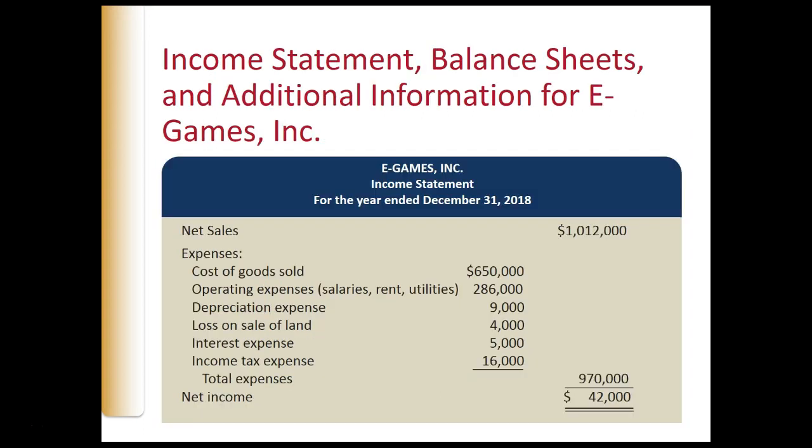So the income statement, the balance sheets, and the additional information for eGames are provided on the next few slides. We're going to use this information to prepare the statement of cash flows following those 4 basic steps. This slide shows the income statement.